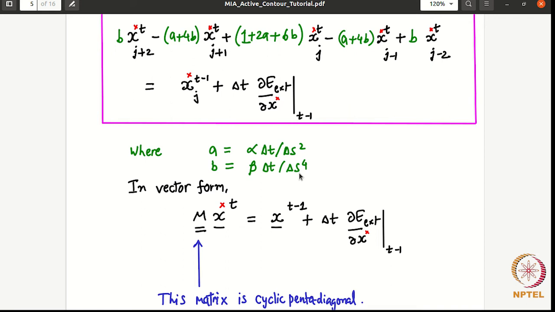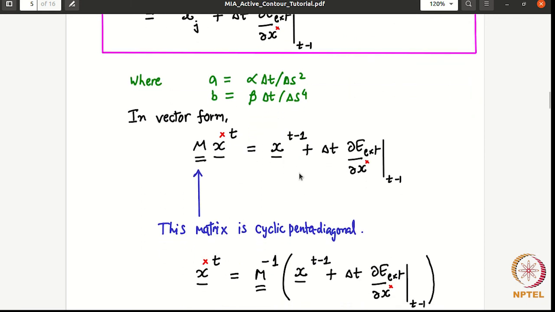So in matrix form, it reads M x star at t is equal to x star at t minus 1 plus delta t times del by del x star of E external at t minus 1, right? Here M is the cyclic pentadiagonal matrix, and we have to efficiently calculate its inverse to update the position of snake points.